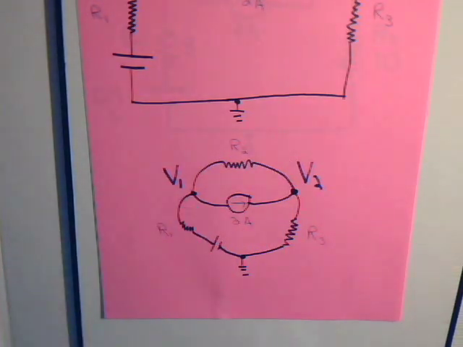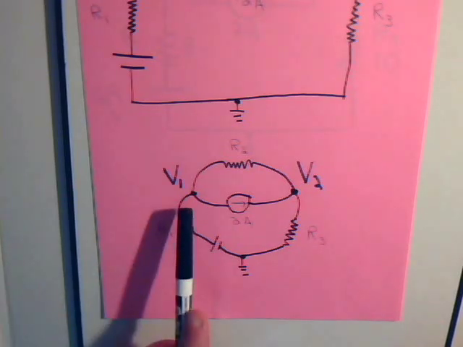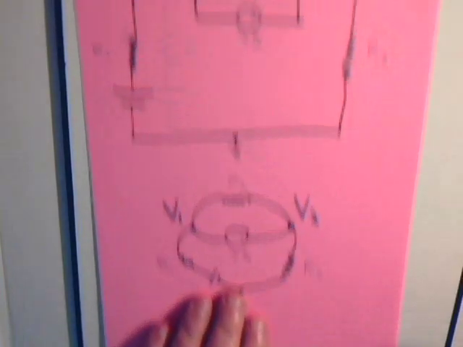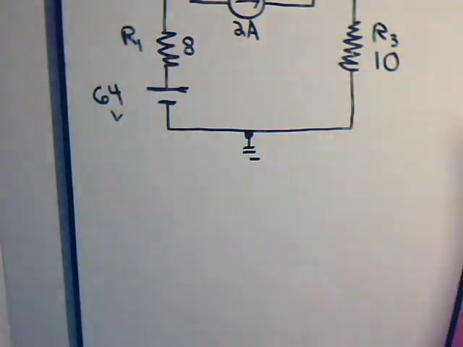So that will give us two different equations, and we have two equations and two unknowns to solve for, V1 and V2. So we should be able to handle it. Then once we determine V1 and V2, we can determine the currents through all the respective resistors in the circuit.